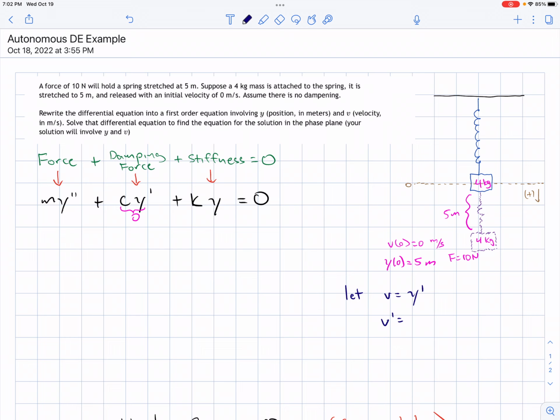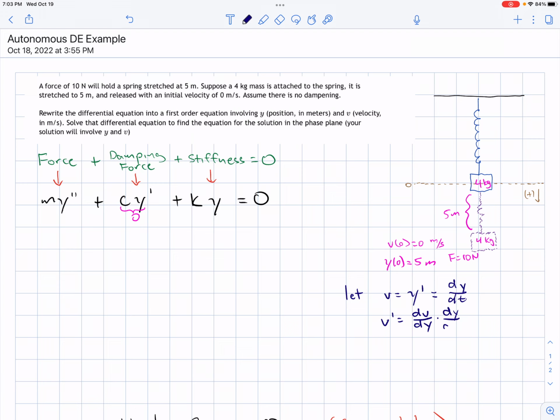But before I write that, I'm also going to write y prime as dy/dt. The reason being is that v prime is y double prime, but if you rewrite it using the chain rule, that would be dv/dy times dy/dt, because we're using v of y and y of t.